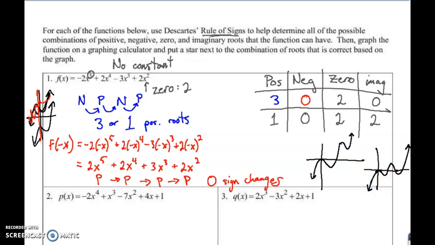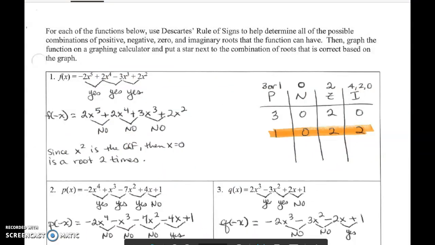I'm actually just going to go to the answer key because I trust that you can type this into a graphing calculator and see which one's which. And according to the answer key, we are looking at the 1, 0, 2, 2 problem.